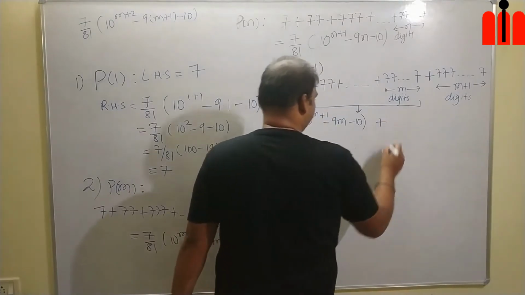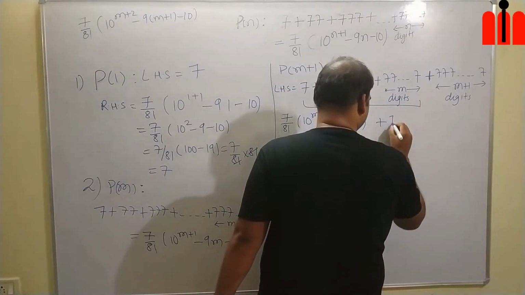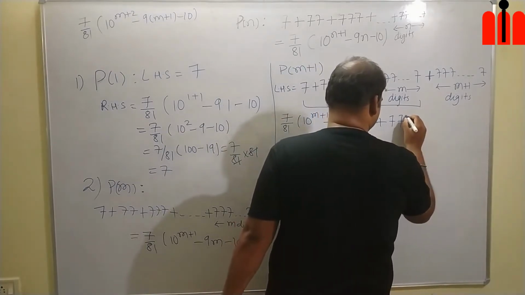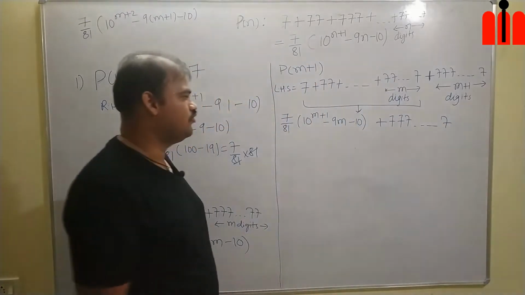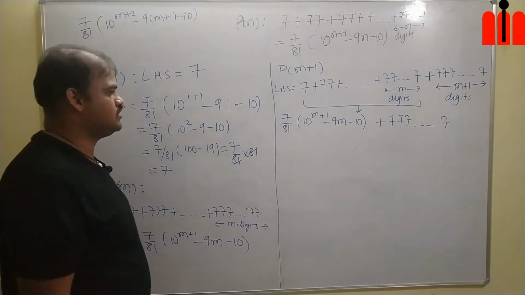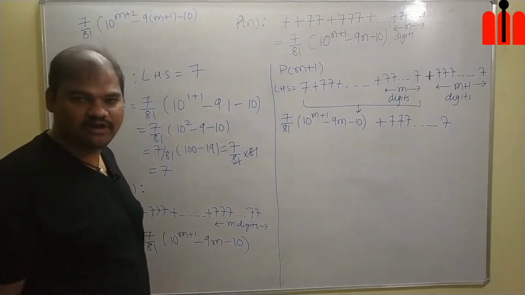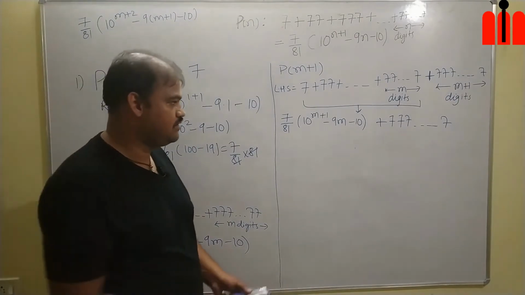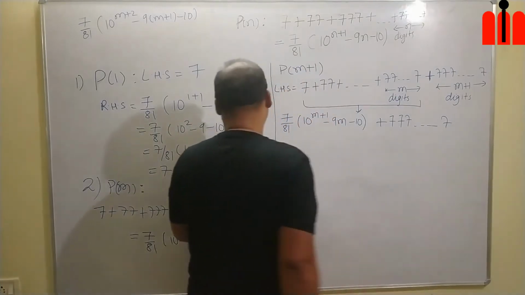Now what are we left with? We are now left with the m plus 1 digit terms. So let's write that. This is with m plus 1 digits. What I will do is take the left hand side of the board and try to solve only the m plus 1 digits.